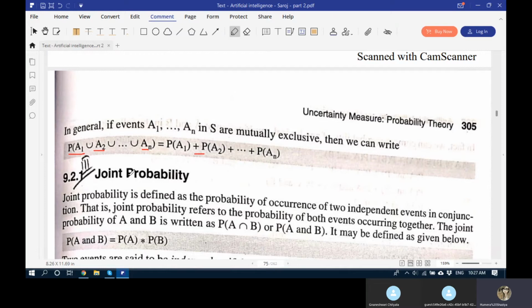Another concept is joint probability. It is defined as the probability of occurrence of two independent events in conjunction. Joint probability means two independent events occur together.